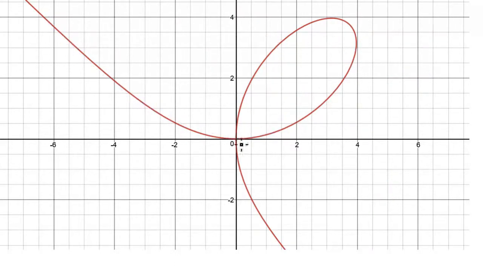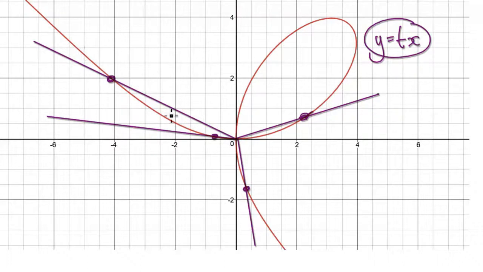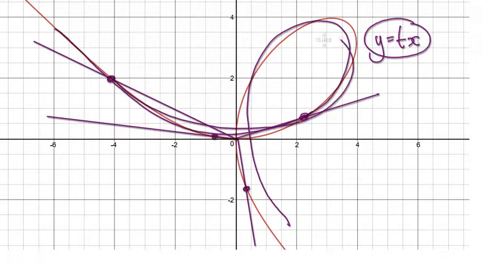Even if you have a line like this, if you can keep track of this point, or this point, or this point, by looking at this line tx, you can develop a way of coming up with the parametric equations to follow this path.